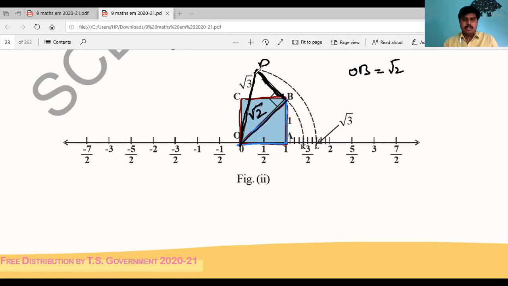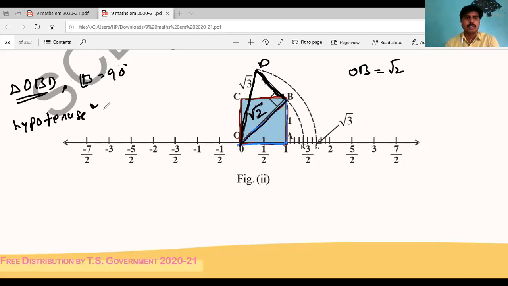Yes, this is now it. OBD is a right angle triangle, where angle B is equal to 90 degrees. Apply the concept: hypotenuse square is equal to side square plus side square.